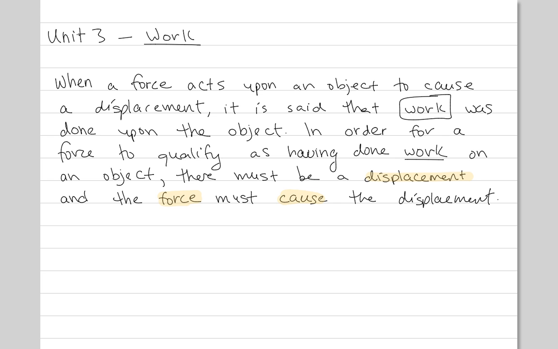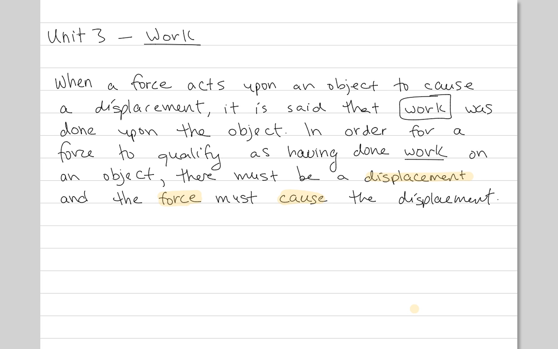What am I doing? I'm applying a force, but I'm not causing a displacement. So I'm not accomplishing any work, even though I'm working hard. Right? So that's a very good non-example.